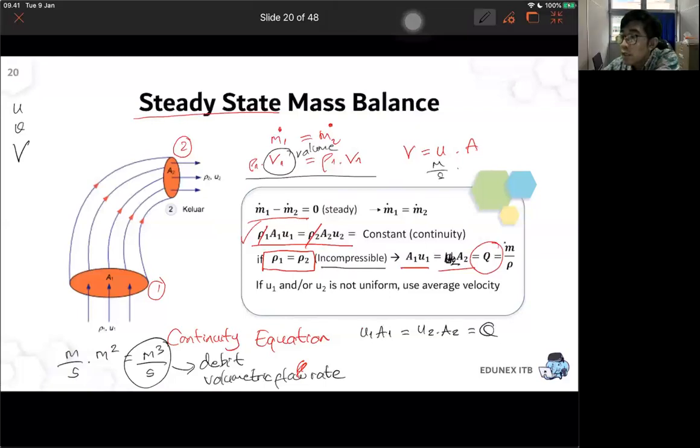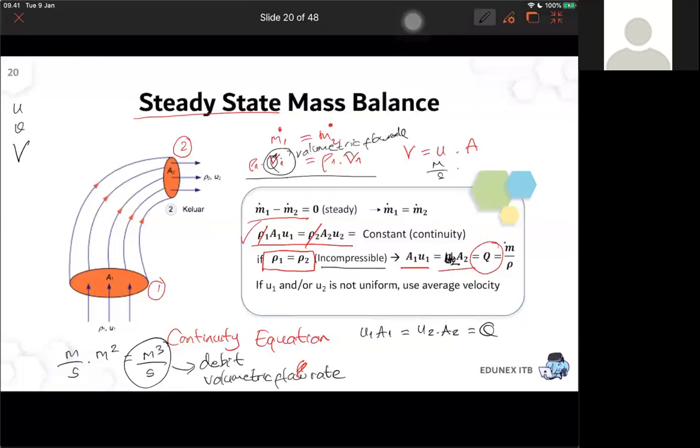This one, sorry, there is some mistake. This one is volumetric flow rate, not just volume. So it's the debit that you were talking about, right, sir? Yep, thank you for the correction. Okay, thank you, sir, I got confused there with the units. So I'll change it to Q, okay, sir? Yeah.